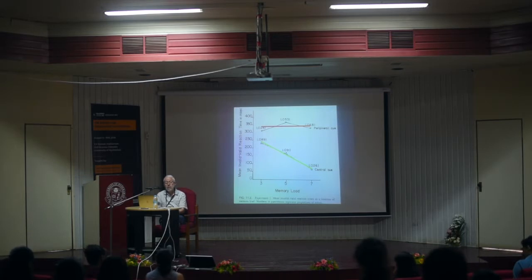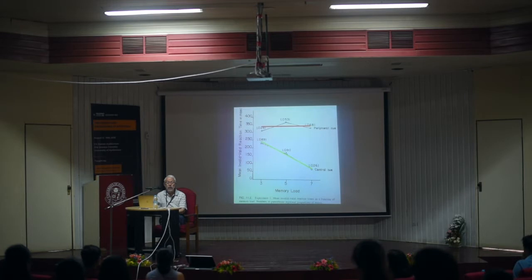Importantly, the degree to which the peripheral cue captures attention is unaffected by the memory load at all. So the red line is flat. The data that I plotted with the flat line are pretty flat, or not varying significantly as a function of memory load.